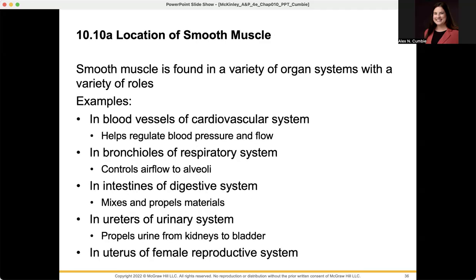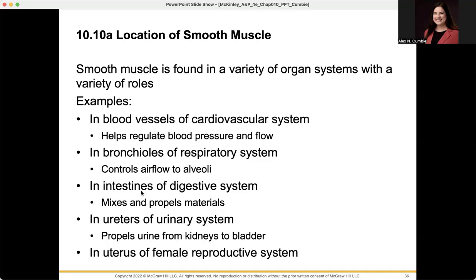I do want you to know where we find smooth muscle in the body and the two different types. Smooth muscle is found in a variety of different organ systems. It is involuntary, so these organ systems are going to receive subconscious signaling from the brain in order for them to contract and move things through. Your blood vessels do this. Bronchioles, which are part of your respiratory system, do this to move air through the system.